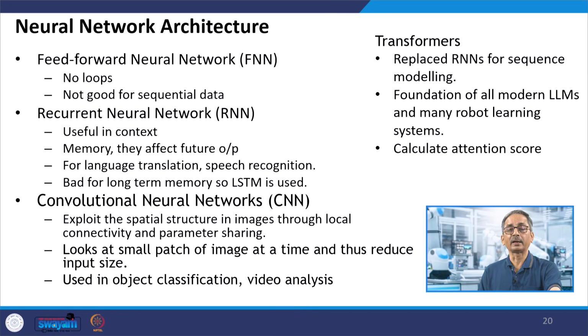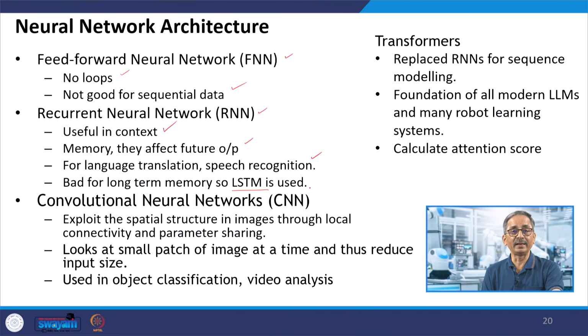The neural network architecture I just discussed is a feed forward neural network. There are no loops in it, and it is not good for sequential data. Recurrent neural networks have loops in them, and are useful in context. They have memory, which affects future output. They are used for language translation and speech recognition, but are bad for long term memory, so LSTM is used there.